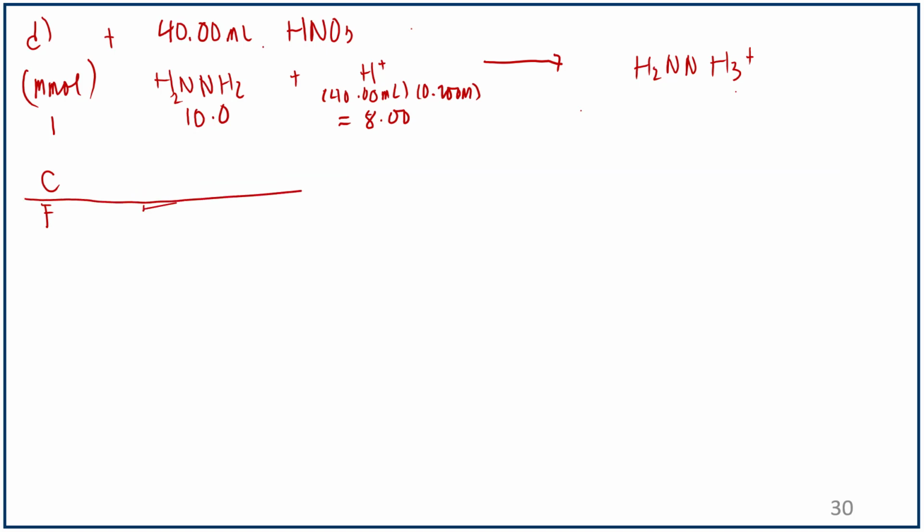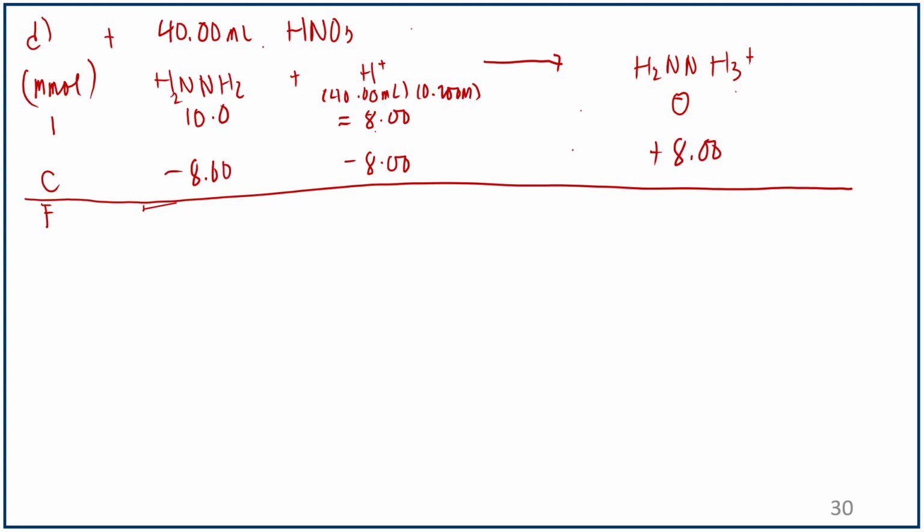Okay. And then this one is 0. The limiting reagent is H plus, so this will be minus 8.00, it will be fully consumed, minus 8.00, and this will be plus 8.00. This one will end up to be 2.0, 0, and this will be 8.00.